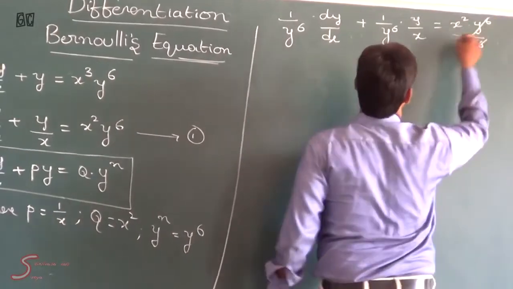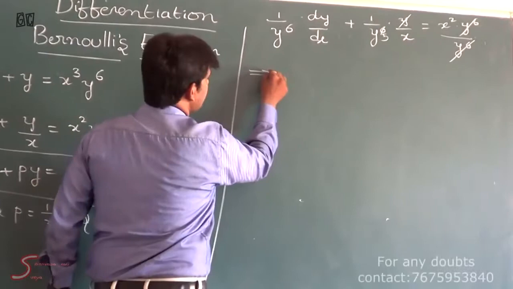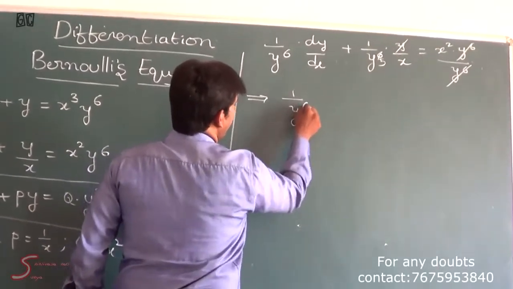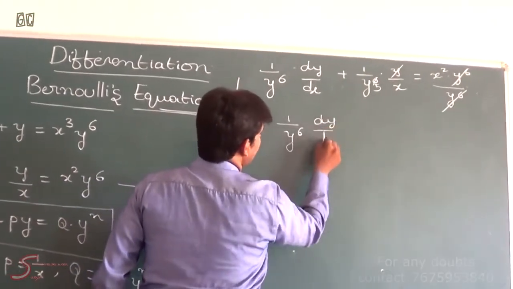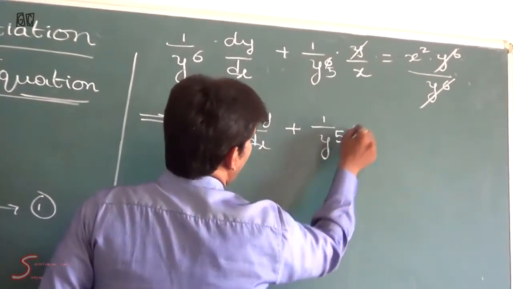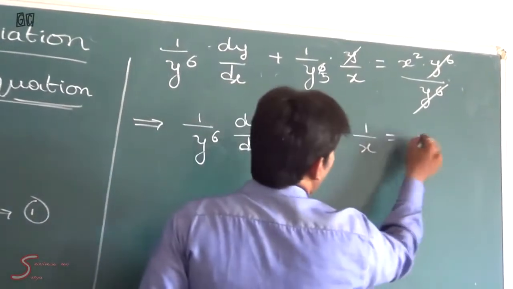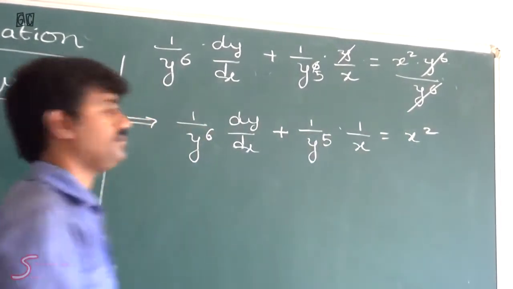These cancel, so we get 1 by y power 6 into dy by dx plus 1 by y power 5 into 1 by x equal to x square.